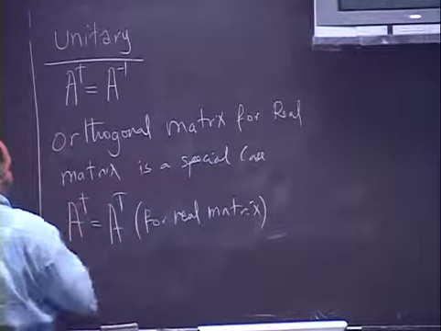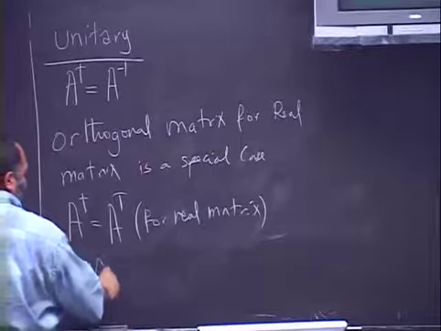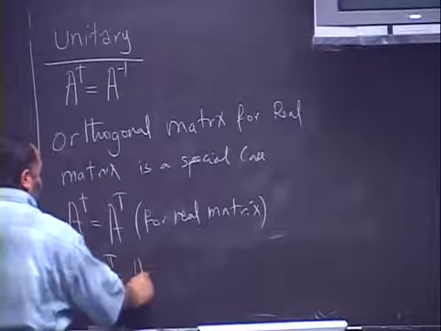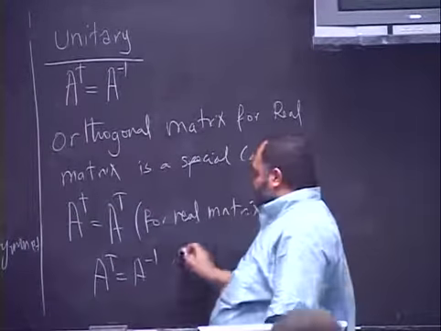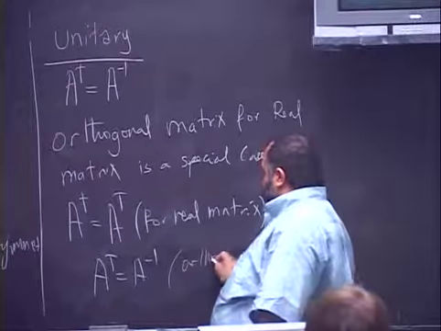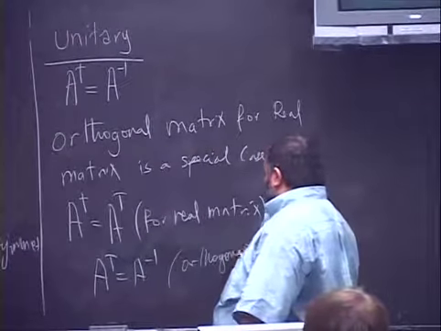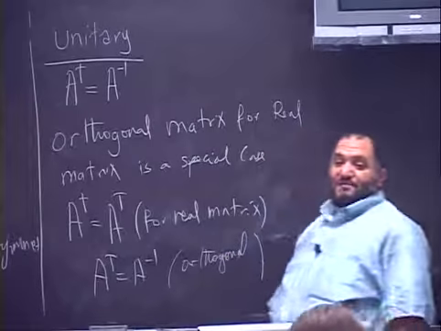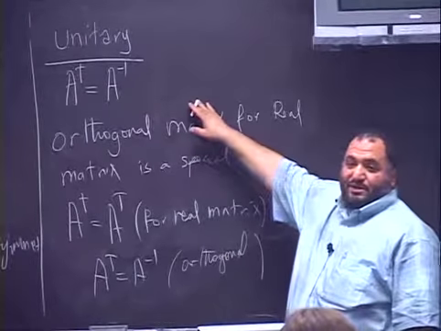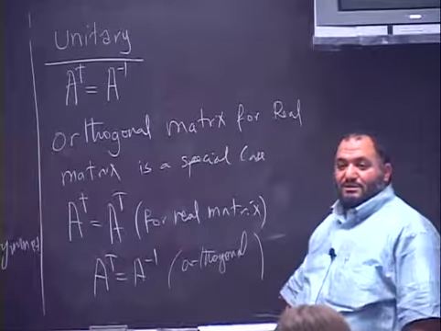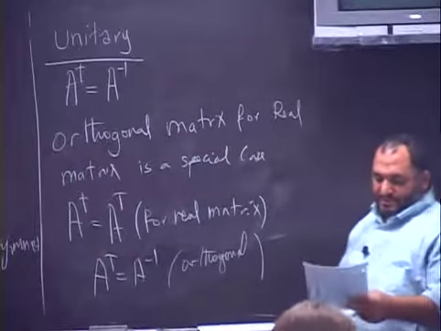So in this case, A transpose will be equal to A inverse, and this is the definition of what? The orthogonal matrix. So if you have a real matrix, the unitary matrix is just the orthogonal matrix.